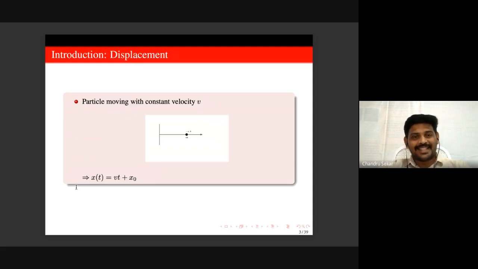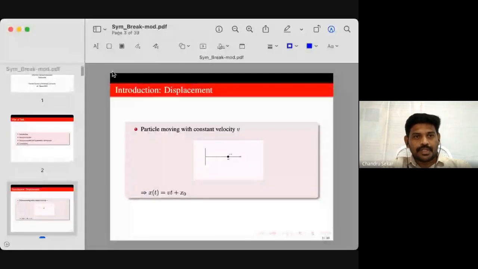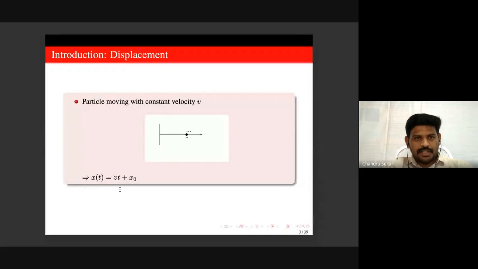For that, let us consider a particle moving in a one-dimensional Cartesian coordinate direction with a constant velocity v. Then the position of the particle is defined using this equation, x of t equal to Vt plus x of 0.